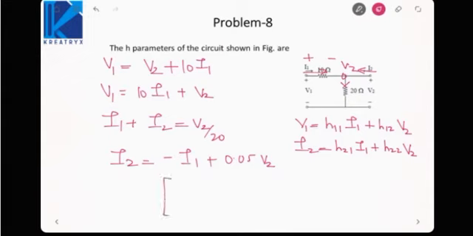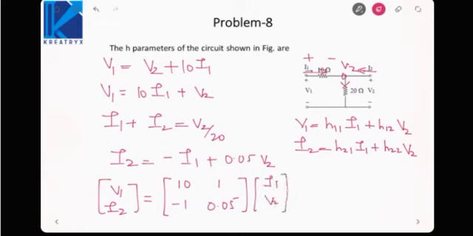So what is the matrix? V1, I2 is equal to 10 I1, 1 V2, minus 1 I1, 0.05 V2. So here I1, V2. So these are the parameters for the two-port network, that is your hybrid parameters.